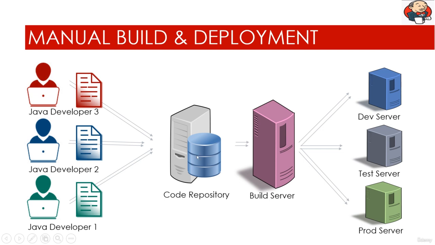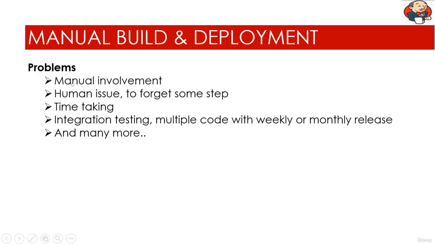In that case, it's a hard problem. The high-level problems we have are manual involvement, time-taking work, human issues, where people generally forget some of the steps and we need to start from scratch, and of course integration testing of multiple code with weekly or monthly releases.